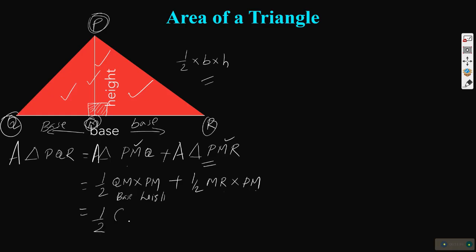Half is common for both. So we have half common, and why can't we think about length of QM plus length of MR, correct?